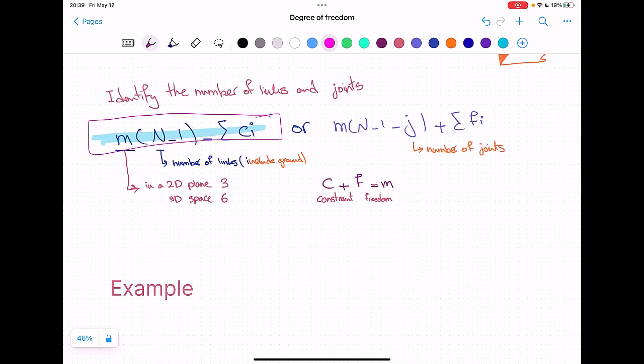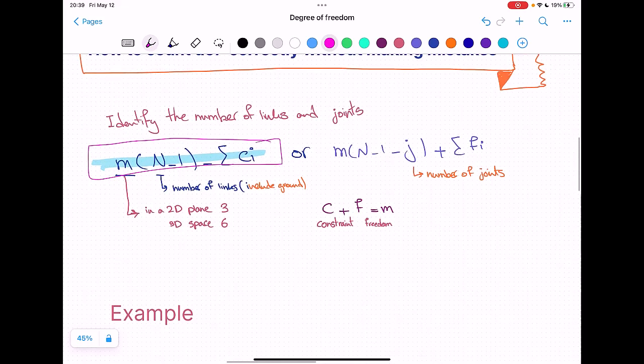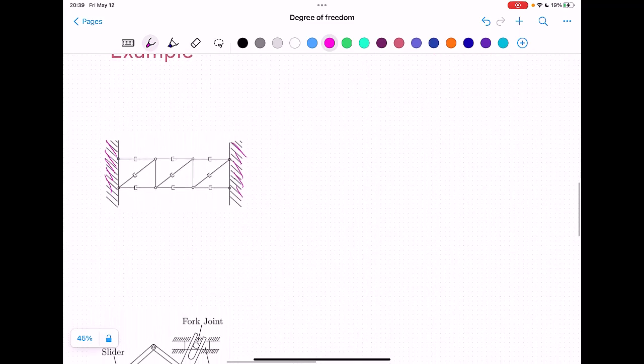Now we need to identify 3 parameters: m, n, and the constraint. Our m parameter is equal to 3, since we are working within a two-dimensional workspace.